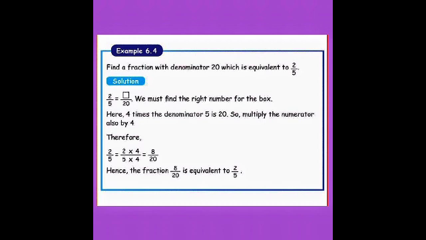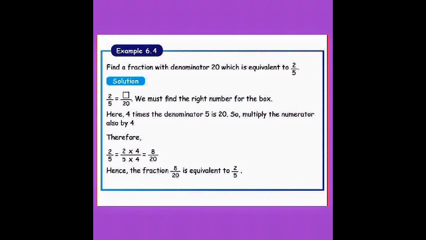In the next fraction we have 20 as the denominator, so the denominator is multiplied by one number to get 20. What number? That is 4. 5 fours are 20. So if the denominator is multiplied by 4, the numerator must also be multiplied by 4.